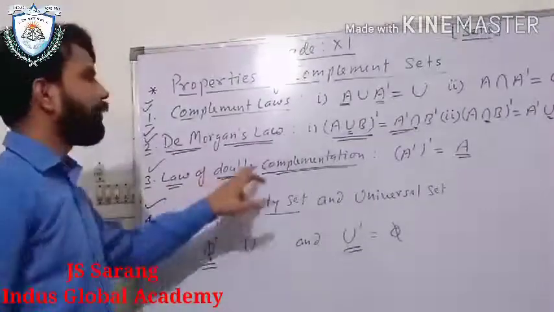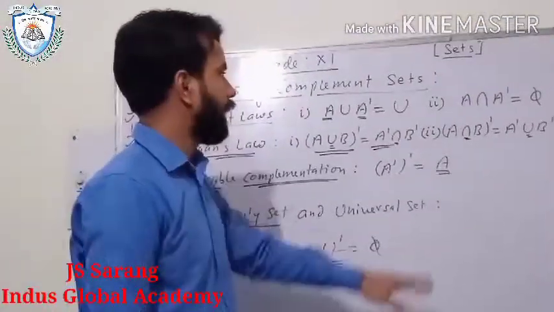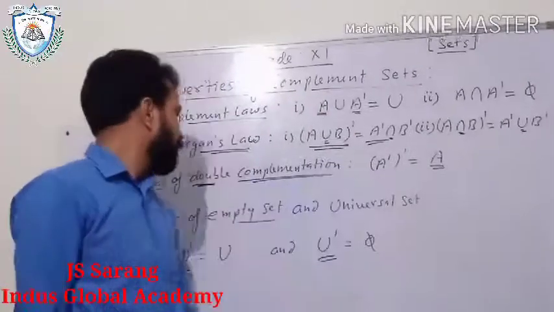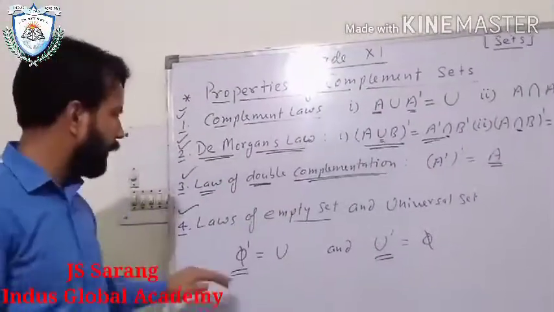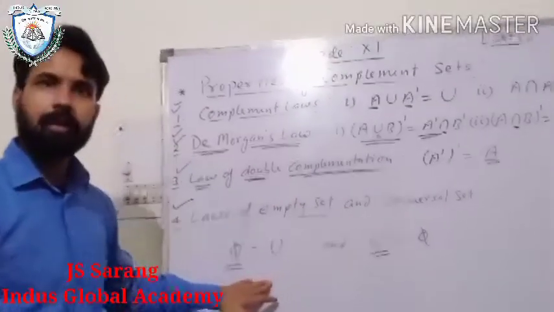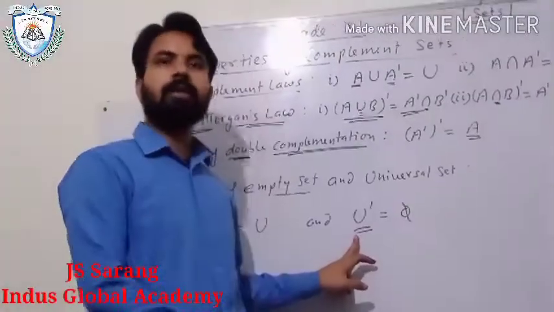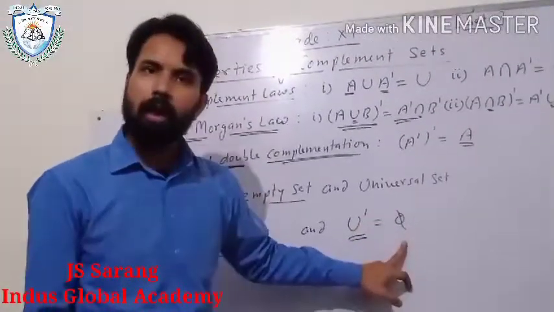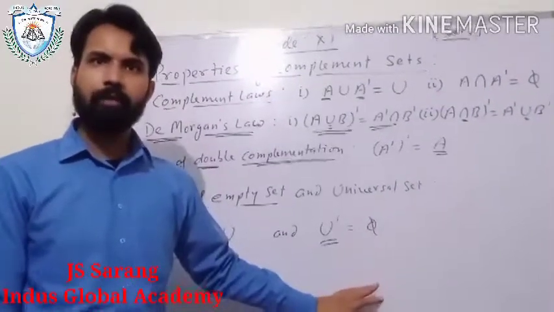Third is the law of double complementation, which means if we find the double complement of any set, we get the same set. Next, the law of empty set means the complement of the empty set gives you the universal set, and the law of universal set means the complement of the universal set gives you the empty set or null set. Understood? Hope it is clear to everyone.